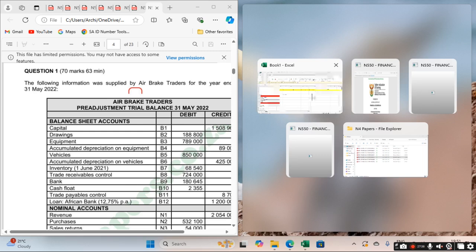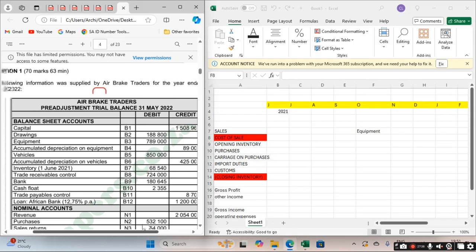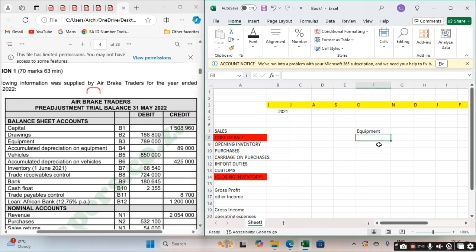As you can see, our equipment is 789,000 minus our accumulated depreciation for equipment, which is 89,000.